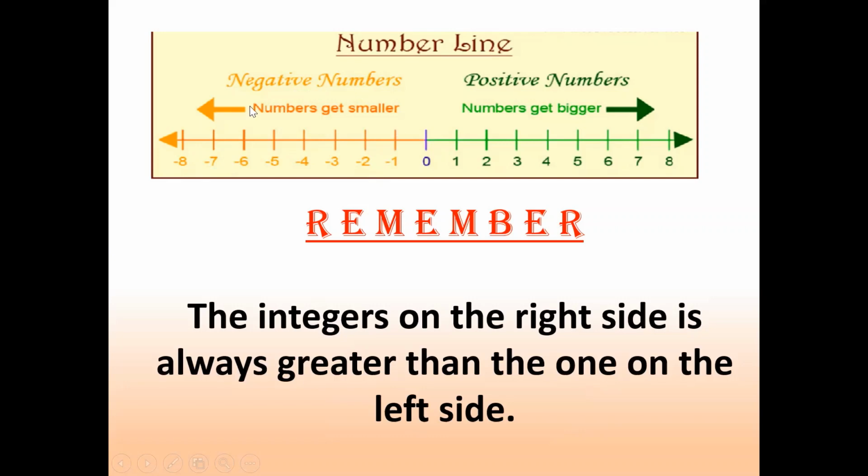The more you go towards the left hand side, the number becomes lesser and lesser in value. Remember this, it is going to help you when you compare integers. And the major thing is that all the positive numbers are always greater than the negative numbers.